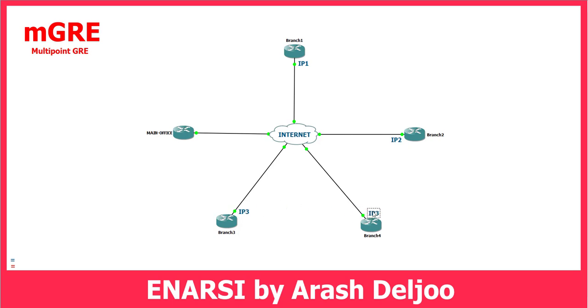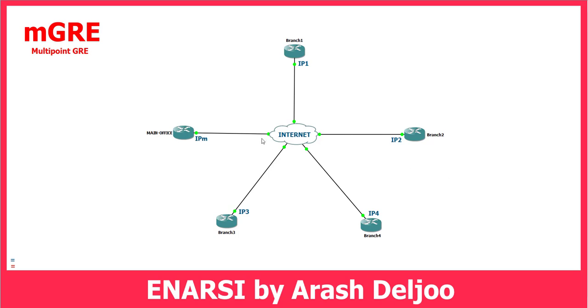We have connectivity between these 4 IP addresses, and also assume that in the main office we are using IPM. This IP also is reachable with other branch routers.